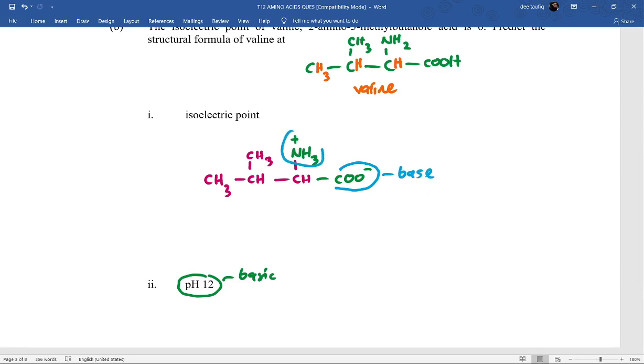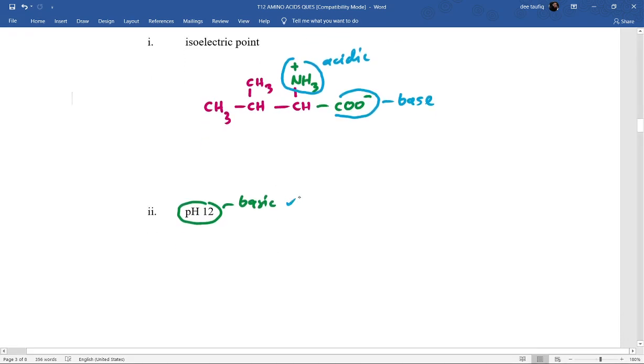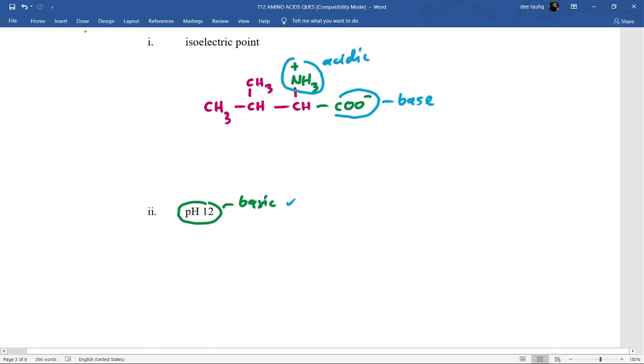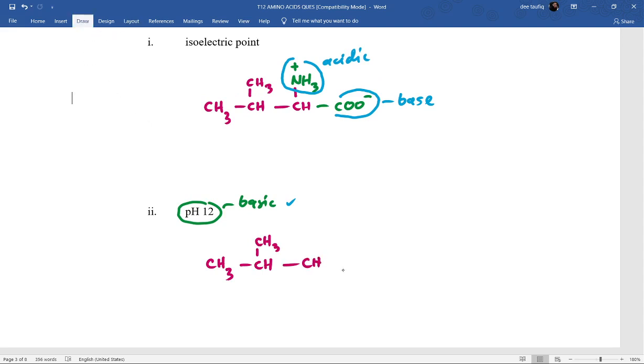Positive charge kat sini, dia akan jadi bersifat acidic. So bila kita dalam keadaan basic, acidic part tu akan bertindak balas. So apa yang berubah? So if you look at the above structure, compare with the one that I am going to draw. This is CH. Okay, the top one, the NH3 part will now become NH2. The COO remain. Tak kacau.